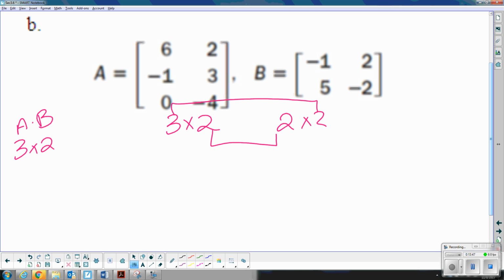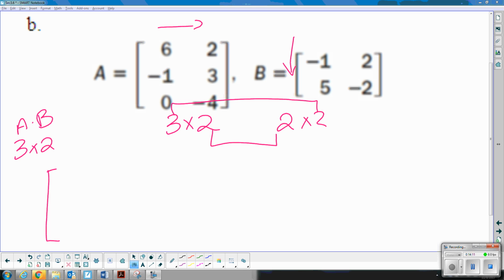So now let's actually do it. So again, we're going to move across columns here and down rows here. Okay, so now we have 3 rows in our first one.